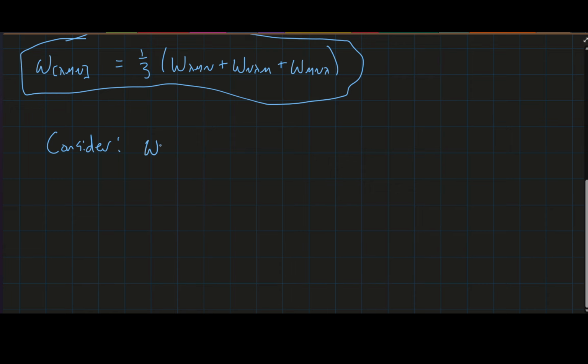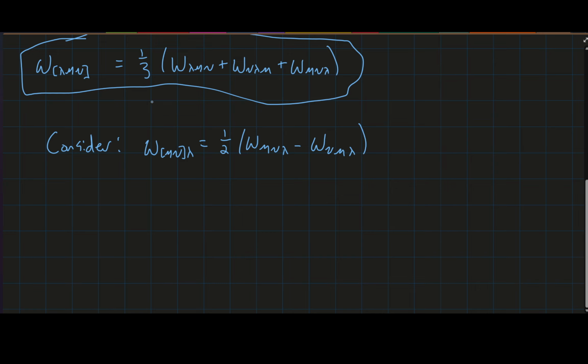That's going to be omega mu nu lambda, and in this case, we just get a 1/2 out front. Omega mu nu lambda minus the first two indices swapped, so omega nu mu lambda.